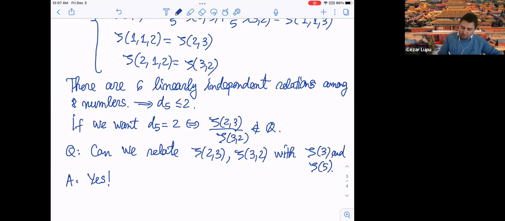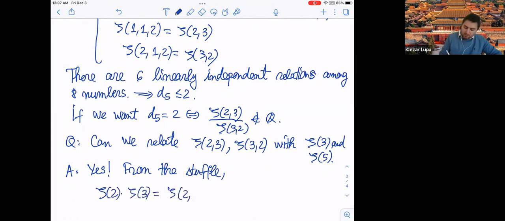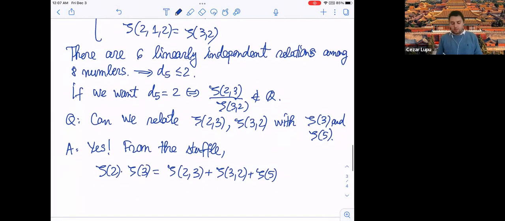But first, before I even go and write down these relations, let me remind you that from the Stuffle, we have that zeta of 2 times zeta of 3, if you want. We have a relationship between these, right? But it's not enough. We want to express both zeta of 2, 3 and zeta of 3, 2 in terms of odd zeta values.